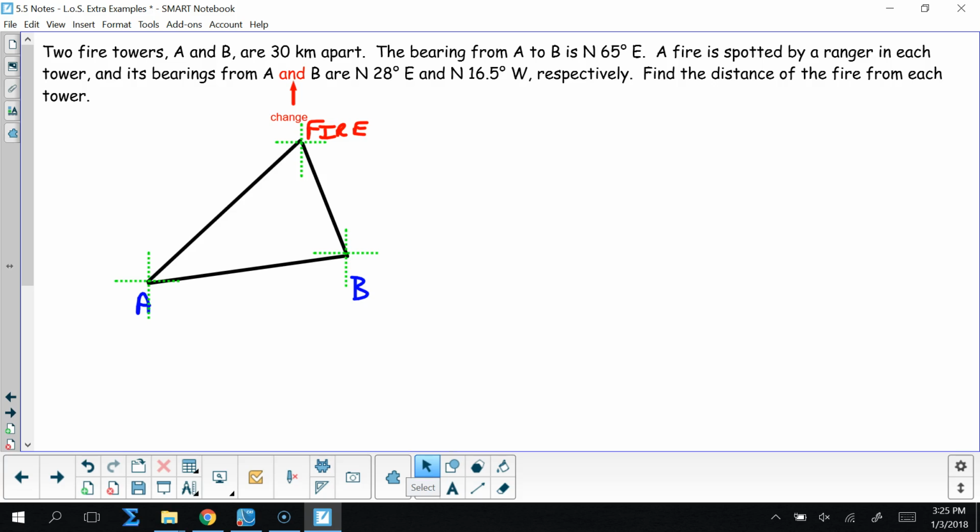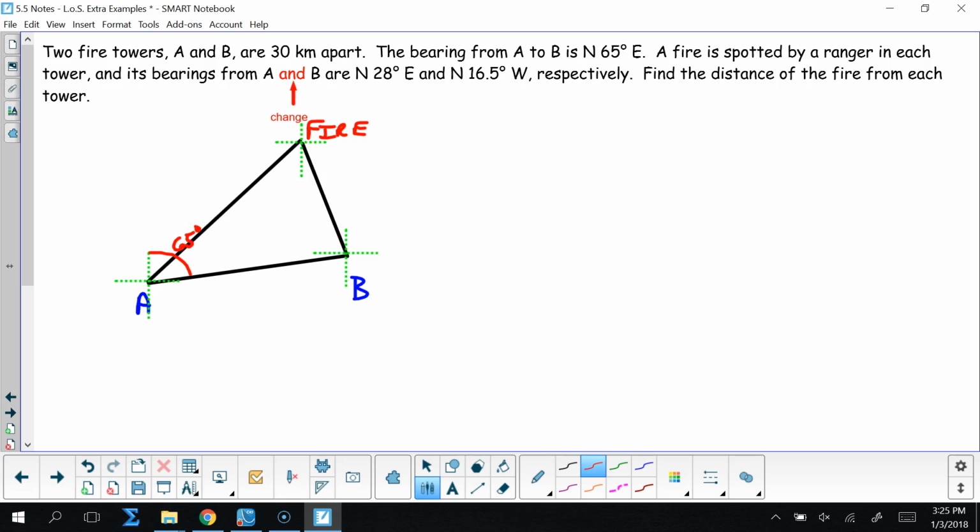All right, now that I got them all nice and prettified, if I'm looking here at tower A, the bearing from A to B is 65 degrees. So this big angle here is 65 degrees.